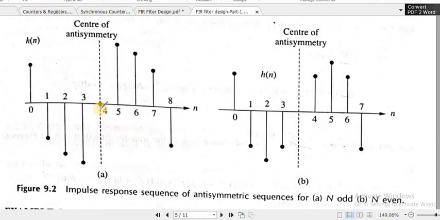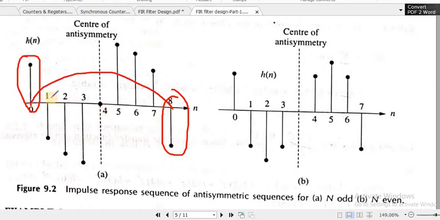Anti-symmetricity means this: this response is exactly equal to this response, but it is reversed in sign. Similarly, this response is exactly equal to this response, but anti-symmetric. Similarly, this one and this one. So we also have a center of symmetricity. If N is odd, that means if we consider N equal to 9, the center of symmetricity is 4 here. Now if N is 8, then the center of symmetry is 3.5.